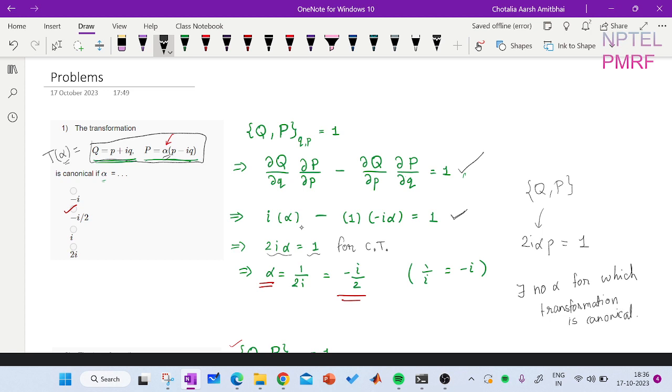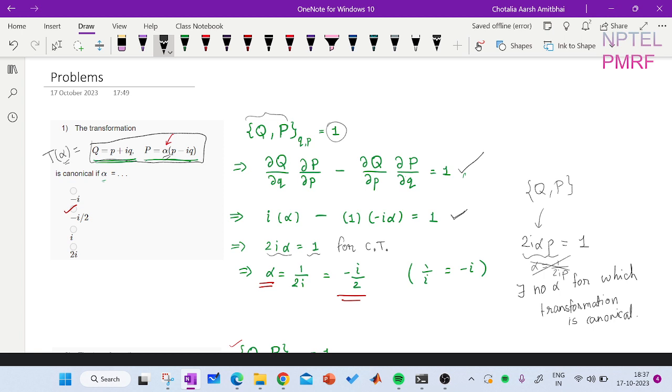Because in principle, any Poisson bracket is a function of P and Q, but for a canonical transformation it is equal to 1, which is not a function of P and Q. So if we get something like this, we cannot just say alpha is equal to 1 over 2IP. That would be wrong because the value of P changes depending upon where you are in phase space.